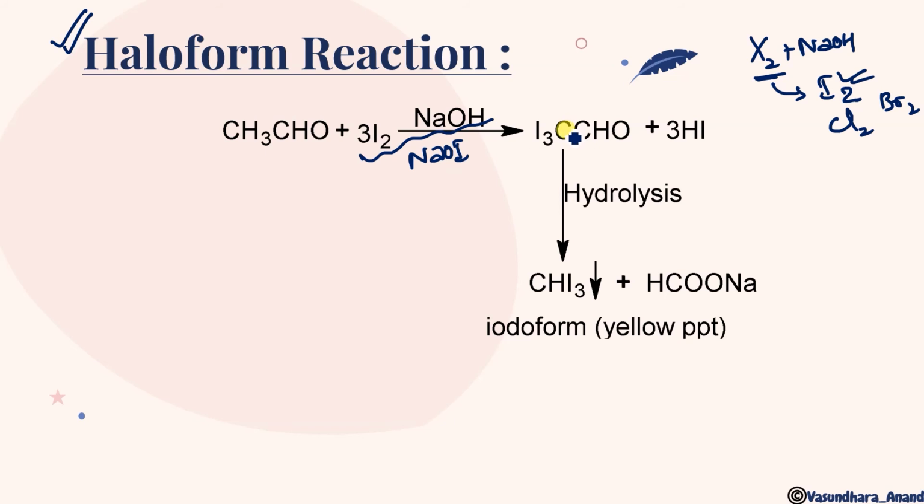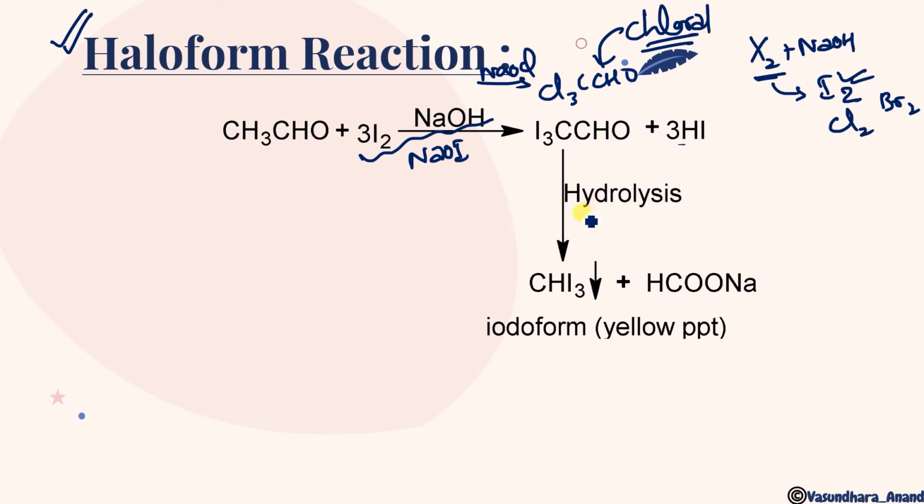And instead of this, if I'm doing the reaction with Cl2 and NaOH, that is NaOCl, then it will give you Cl3CCHO, and this is named chloral. But when we react with iodine and NaOI, it will give you triiodoacetaldehyde along with 3HI molecules.